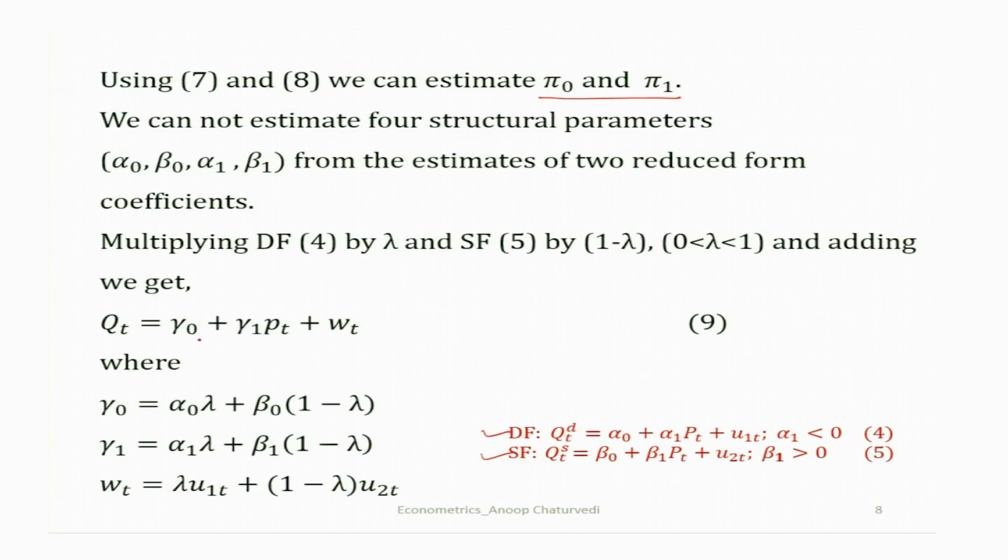Gamma naught is equal to lambda into alpha naught plus (1 minus lambda) into beta naught. Similarly, gamma 1 is equal to lambda into alpha 1 plus (1 minus lambda) into beta 1, and w t is equal to lambda into u 1 t plus (1 minus lambda) into u 2 t.